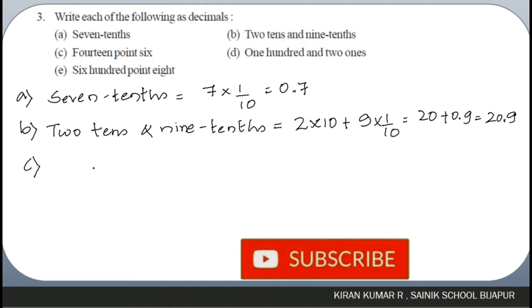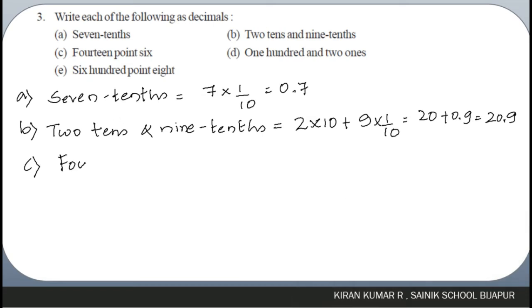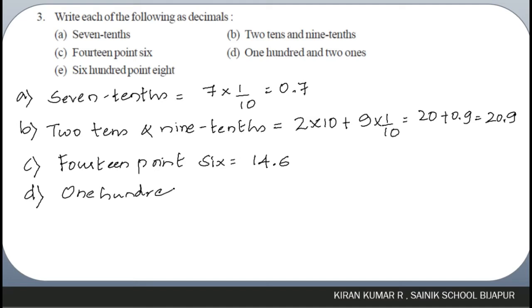Third one, 14.6. 14.6 is very easy. Just 14 in the whole number part and the decimal part is 6. Fourth one, 100 and 2 ones.